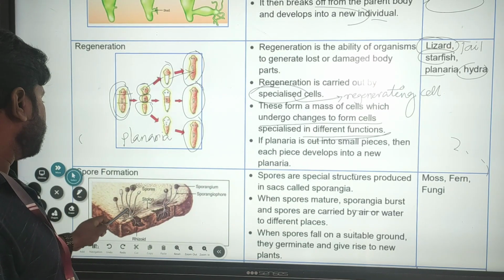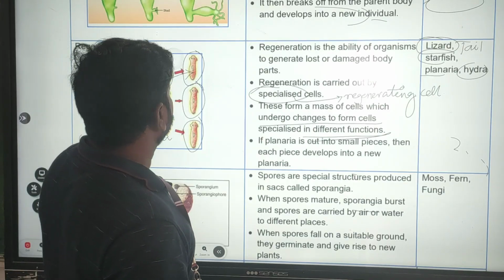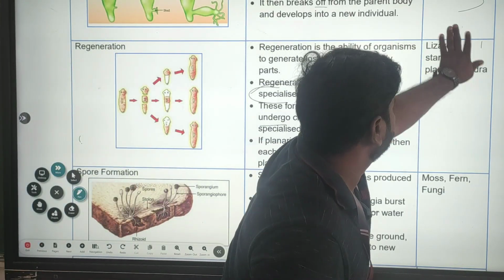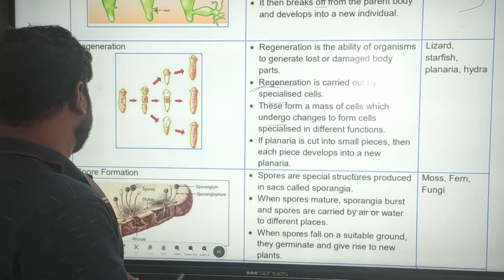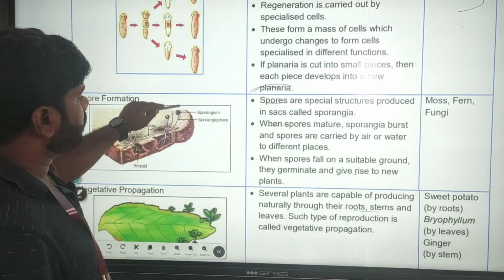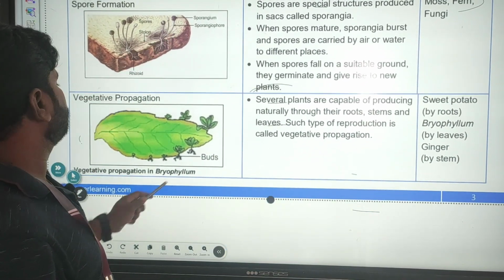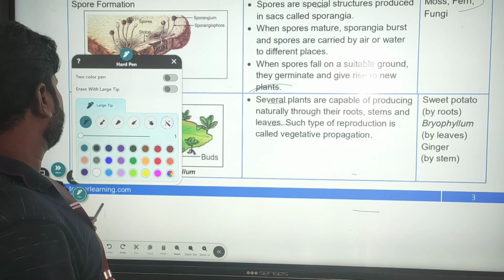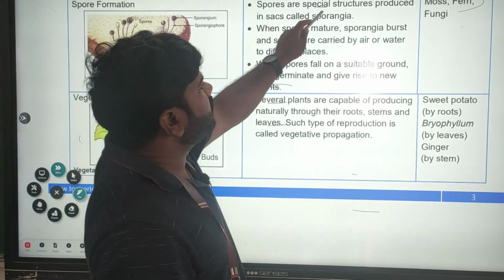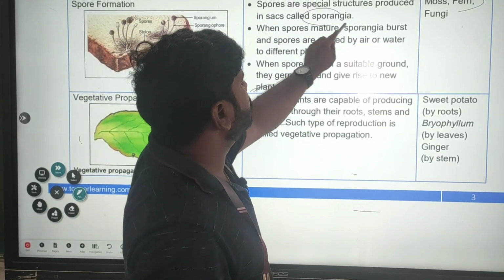Next, moving forward, spore formation. Spores are specialized structures produced in sacs called sporangia.